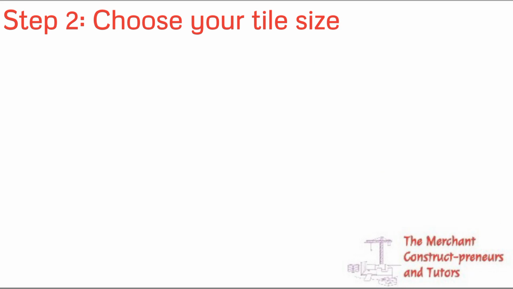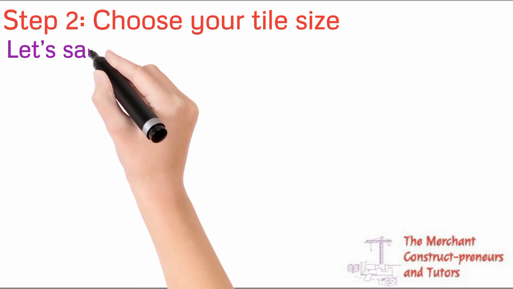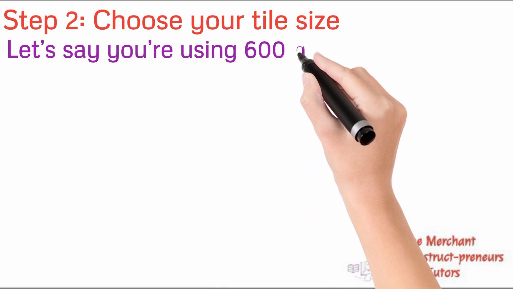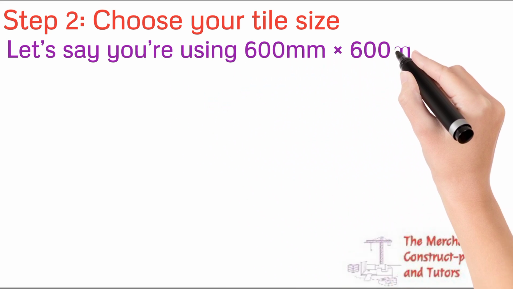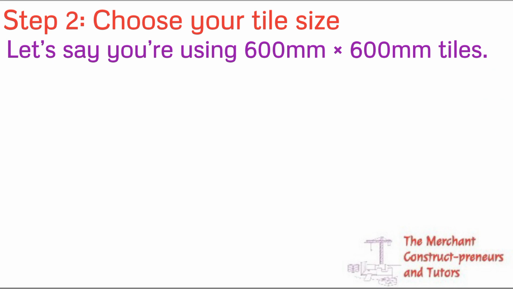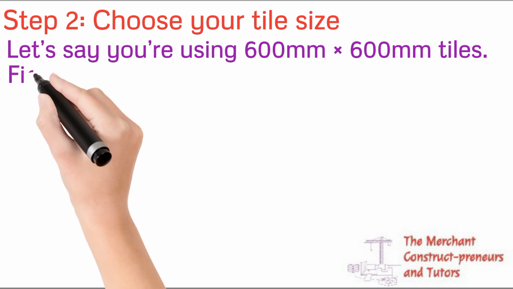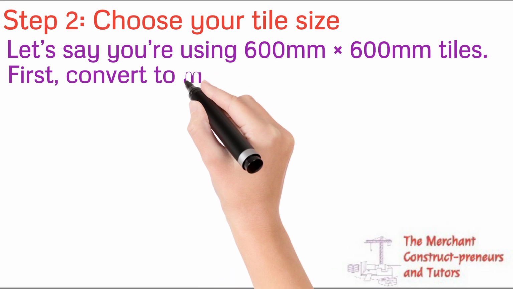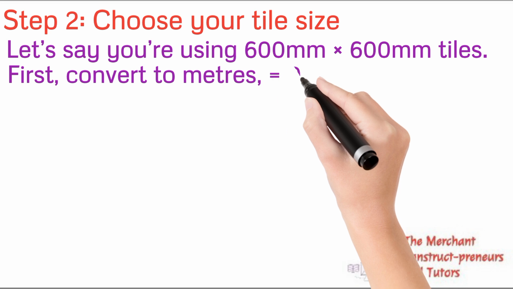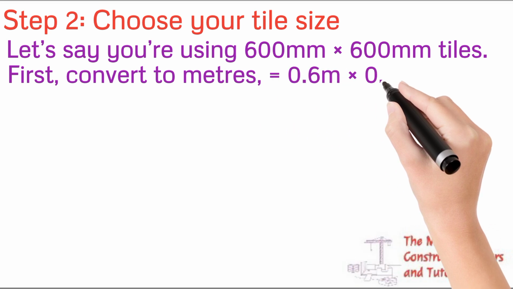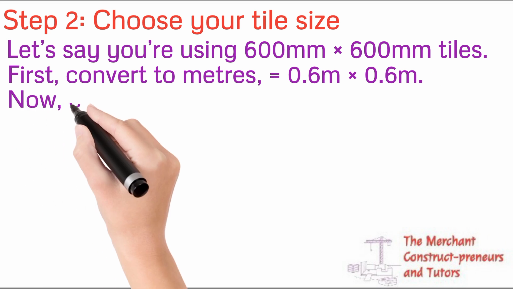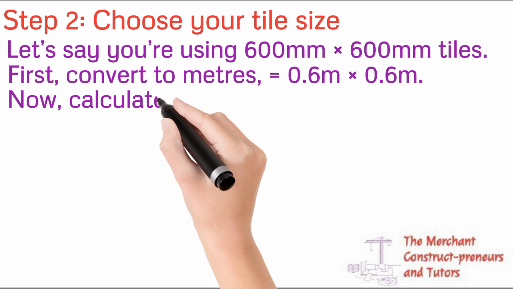Now we want to choose the tile size. So let's say we are using the 600 millimeter by 600 millimeter tiles. First things first, we are going to convert to meters, 0.6 meters by 0.6 meters.